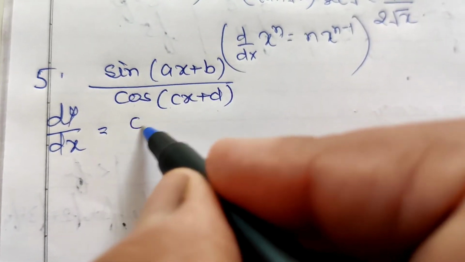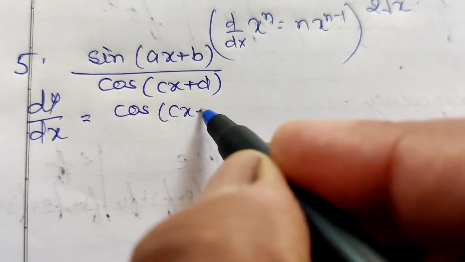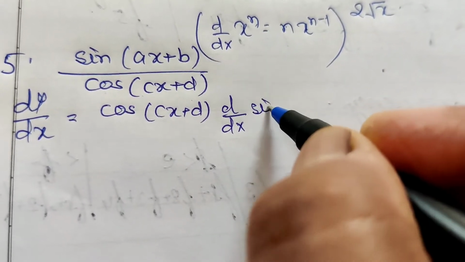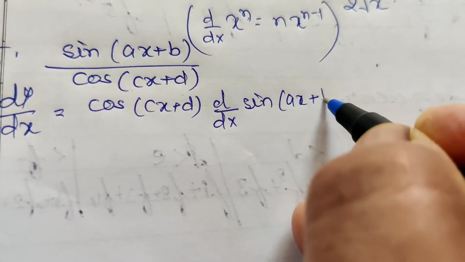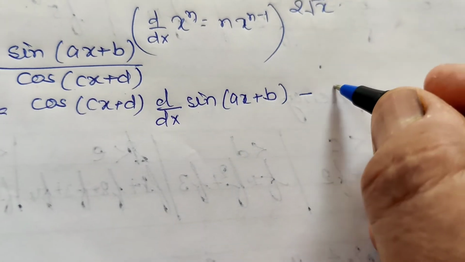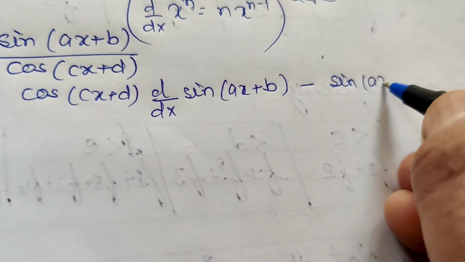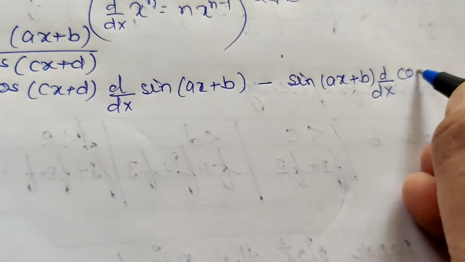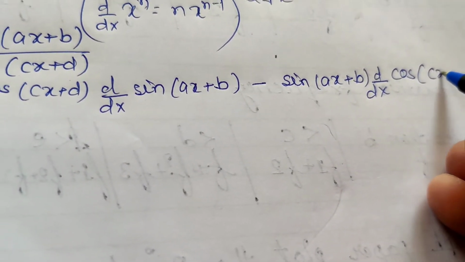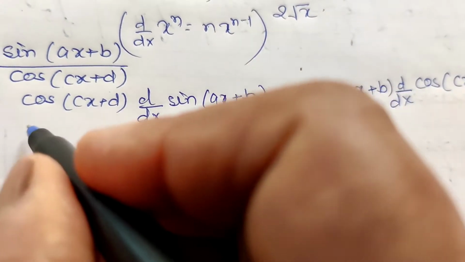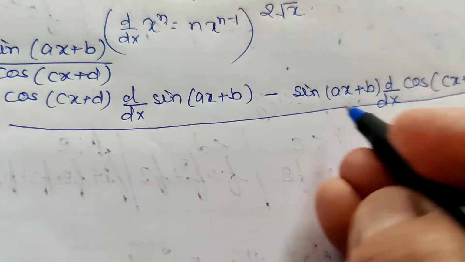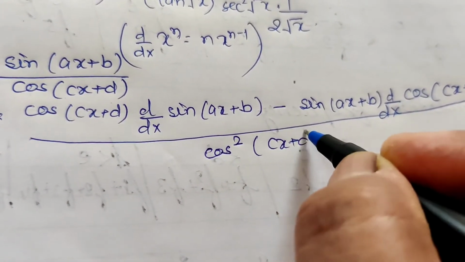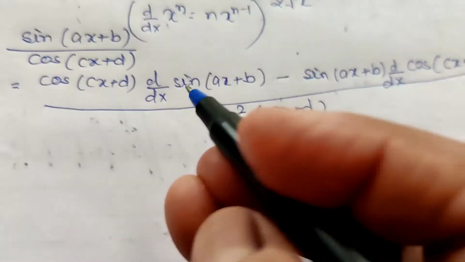The formula of division is denominator into the differentiation of numerator, numerator is sin(ax plus b), minus numerator into differentiation of denominator cos(cx plus d), and divided by denominator square. Square of the denominator is cos square(cx plus d). This is the formula of division.